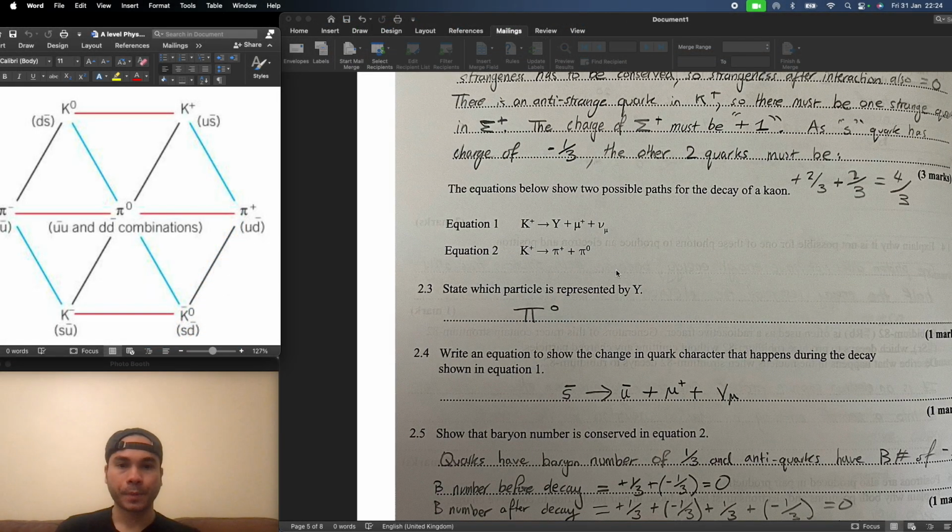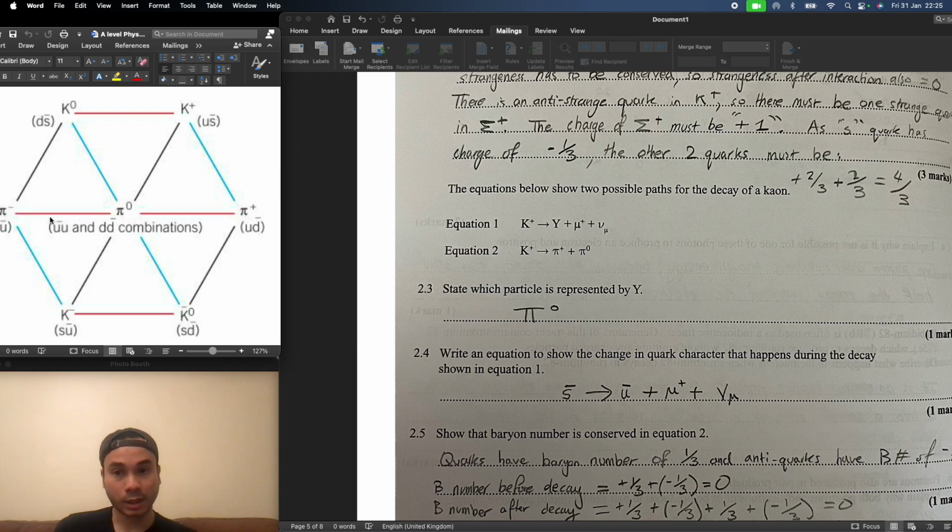Point 3, we need to find out what the particle represented by Y is. Well, we know that the K plus, or the kaon meson, is more unstable, and I've put this hexagon here for us to look at. The kaons have got the heavier S quarks, which are more unstable because they're heavier.